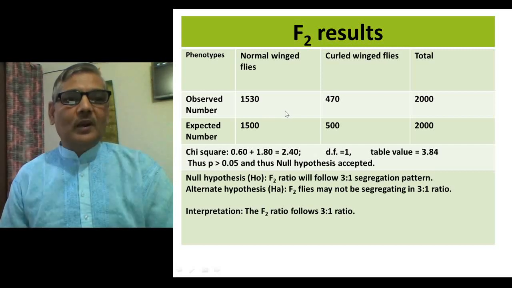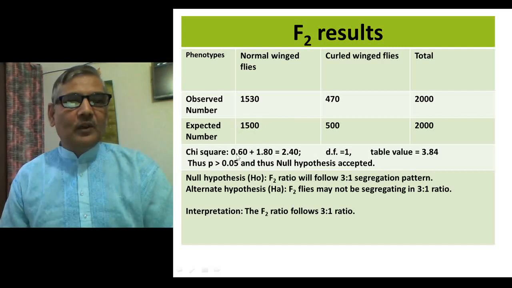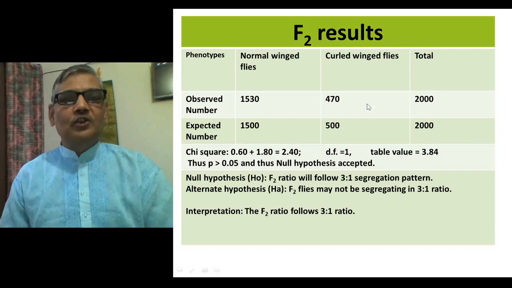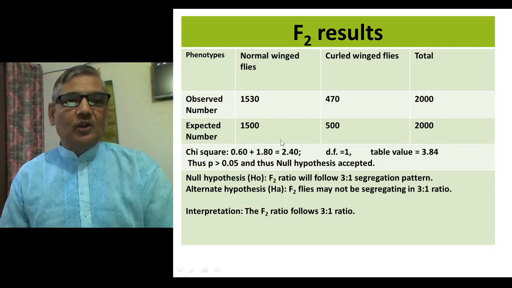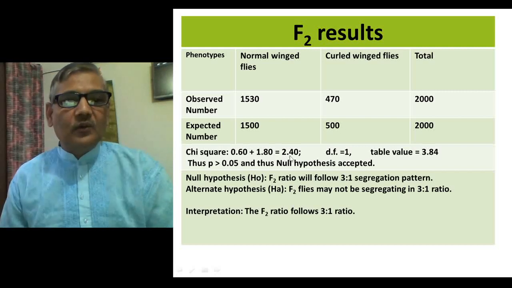This 30 will be squared. It will be 900, and this 900 will be divided by 1500. So you will get the value 0.60. Then in the other case, 470 minus 500 will come to minus 30. When you square it, it will come to 900, and then this 900 will be divided by 500, and the value will come to 1.8. Total will become 2.40. So the chi-square calculated value is now 2.40.